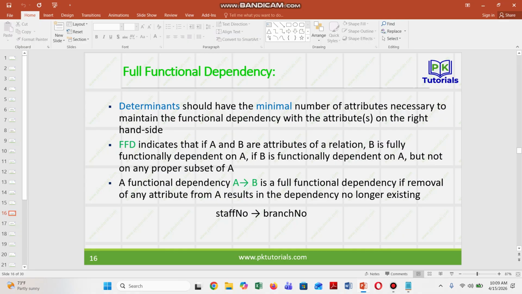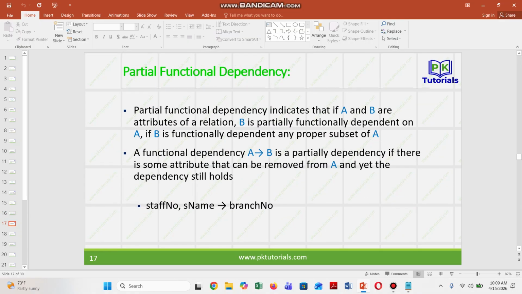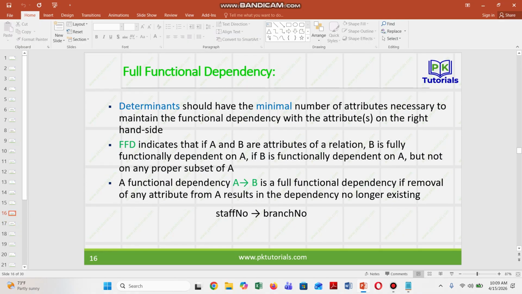If A and B are attributes of a relation, B is fully functionally dependent on A if B is functionally dependent on A but not on any proper subset of A. There can be more attributes, but normally there will be mainly one attribute in the form of A. We can have multiple attributes in partial dependencies, but in full functional dependency we should have the minimum number of attributes on the left side.